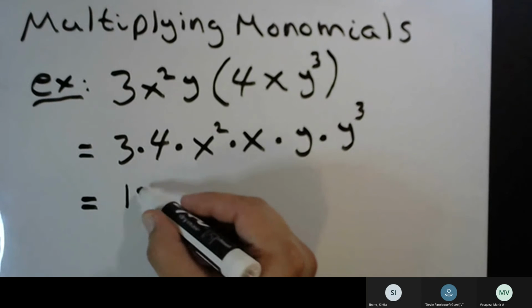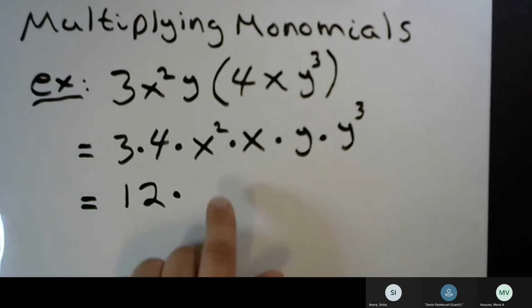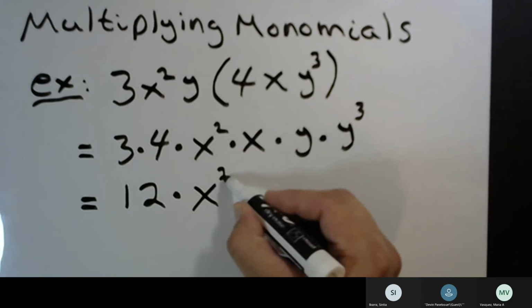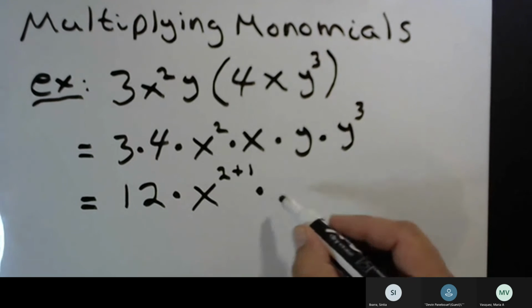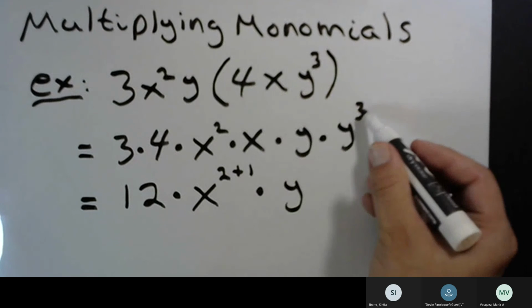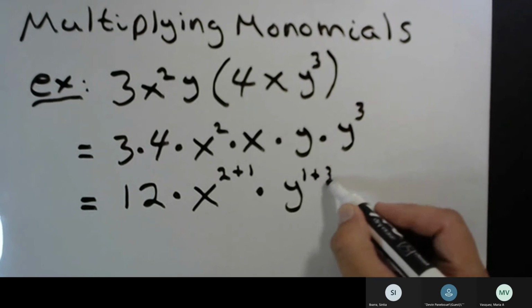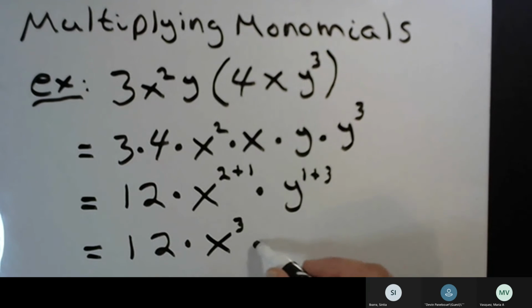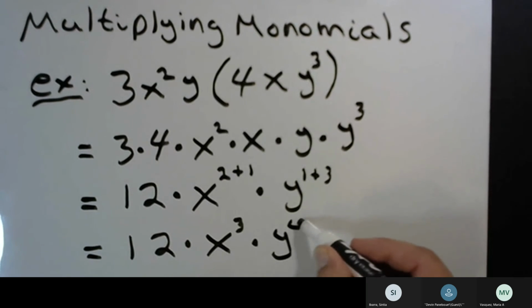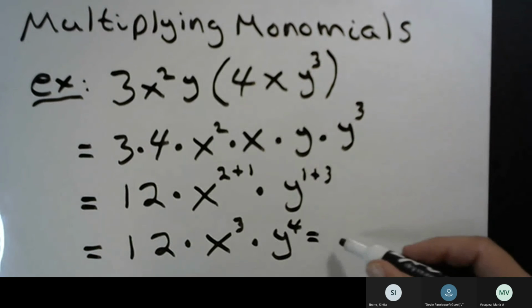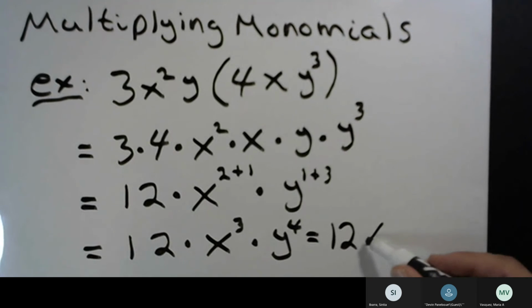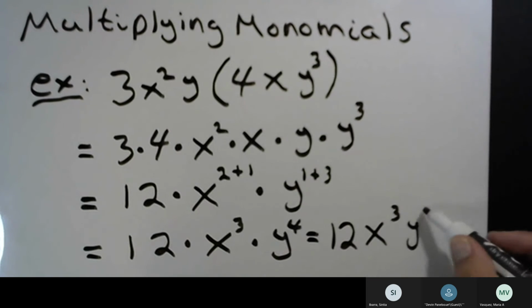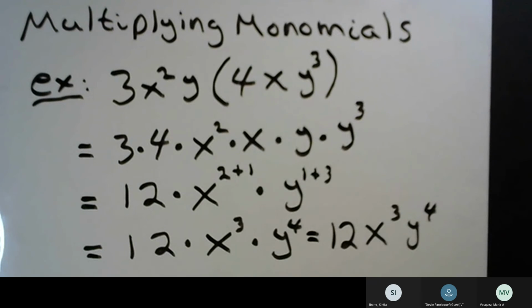And then 3 times 4 is 12. x squared, there's an invisible 1 there, so that's going to be x to the 2 plus 1 times y. And there's a 1 here and a 3. 1 plus 3. And that's going to be our answer.